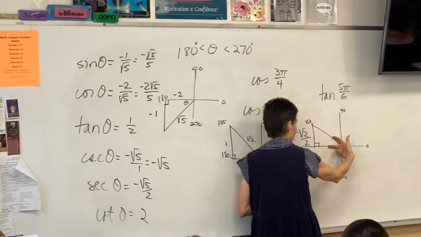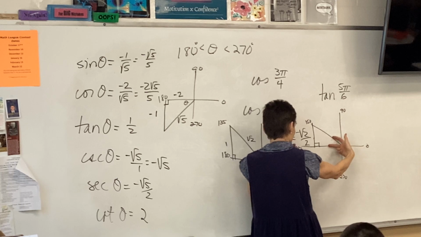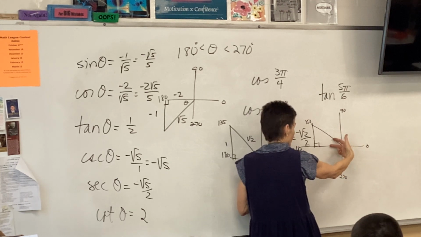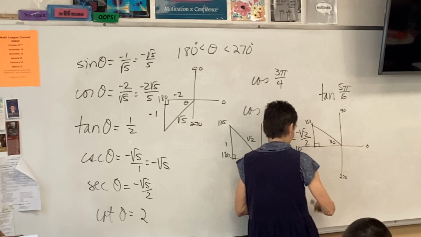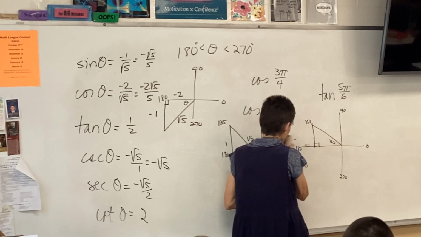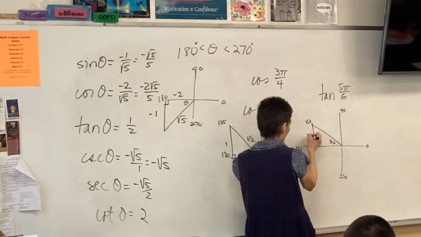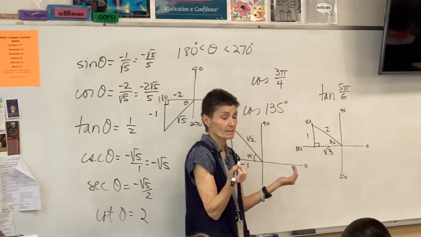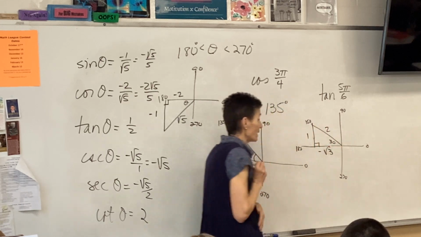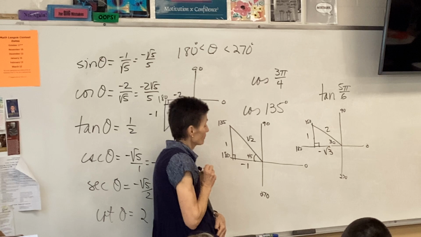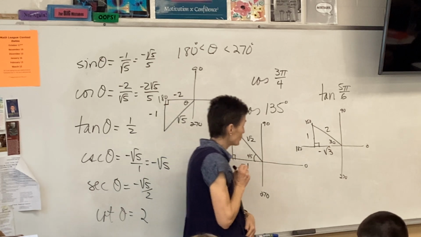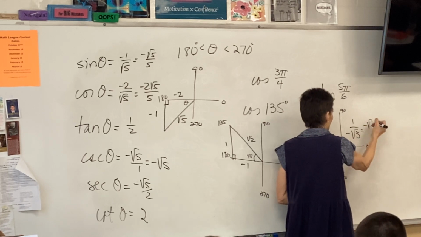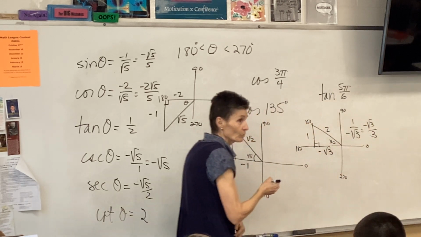Now I need this angle, which is the angle between 150 and 180. 30. So my sides are 1, 2, root 3, just like that. But again, because I'm in quadrant 2, that's going to be negative. Tangent is opposite over adjacent. Hopefully you got negative root 3 over 3.